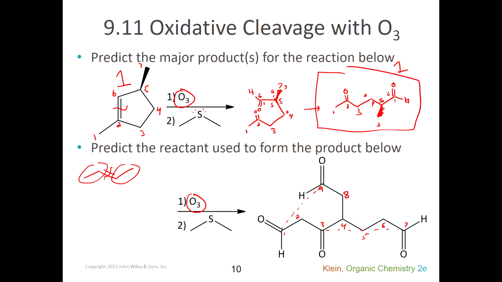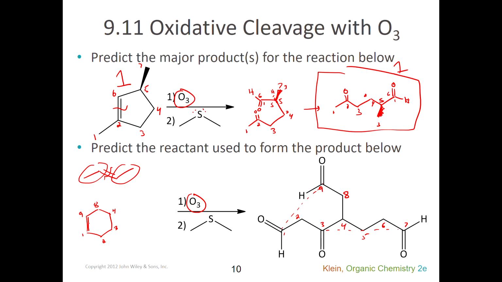So if I connect carbon 1 and 9, that would be a 1, 2, 3, 4, 5, 6-membered ring. So this could be carbon 1. This could be 9. 8. 8 was connected to 4. 4 is connected to 3. And 3 is connected to 2. 2 is connected to 1. So I have to make this an alkene, though.